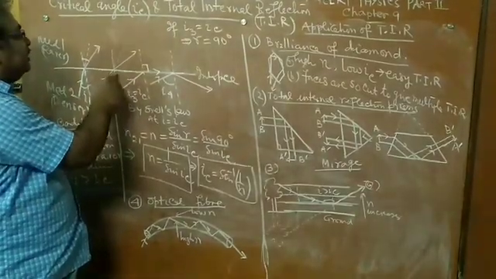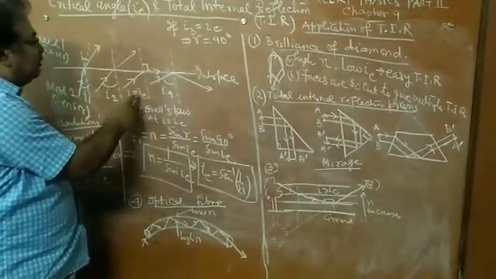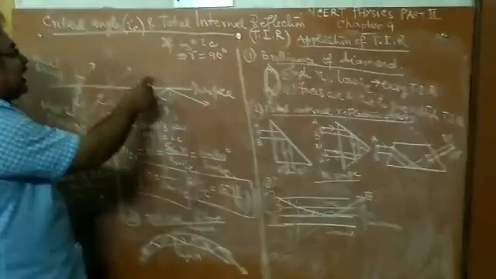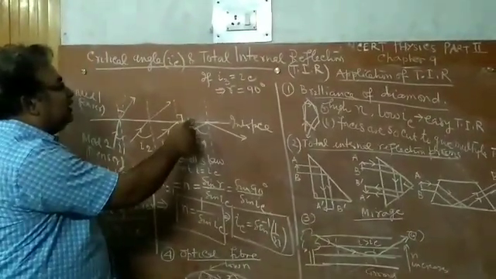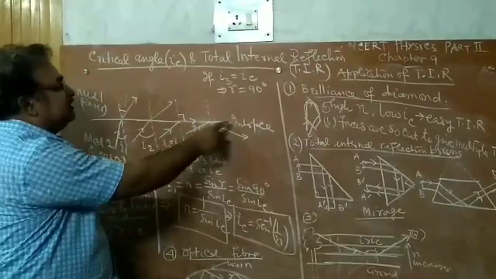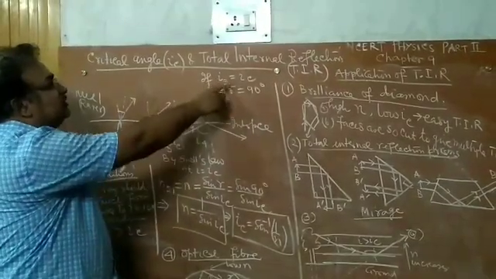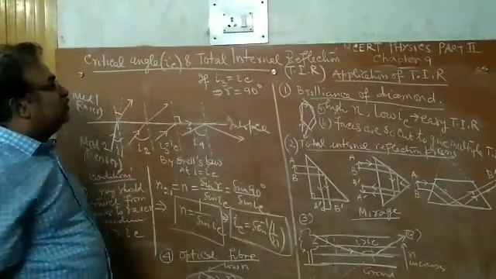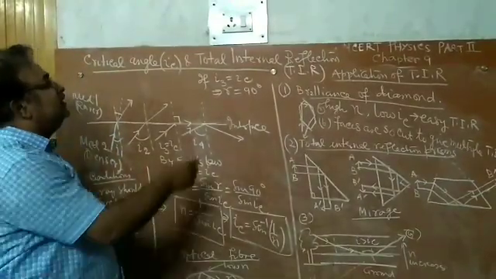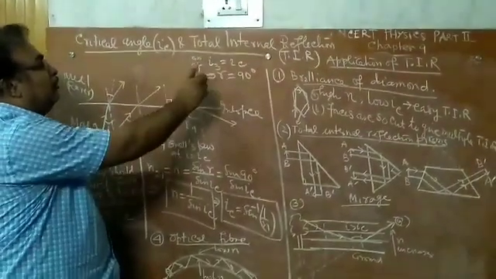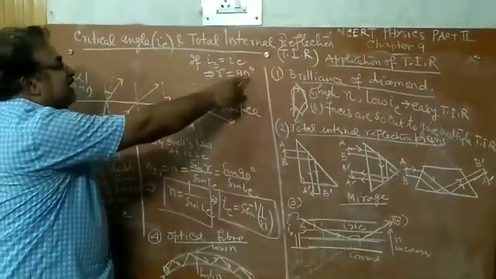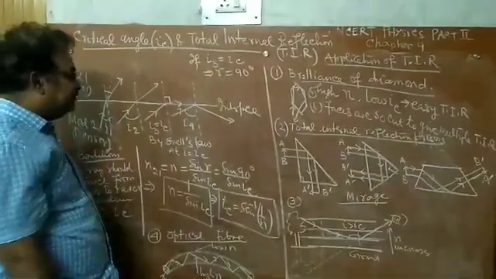So a stage will come when, for a particular angle of incidence, the angle of refraction is 90 degrees, or the refracted ray grazes the interface. That angle is called the critical angle. So critical angle is defined as that angle of incidence in the denser medium for which the angle of refraction is 90 degrees in the rarer medium.